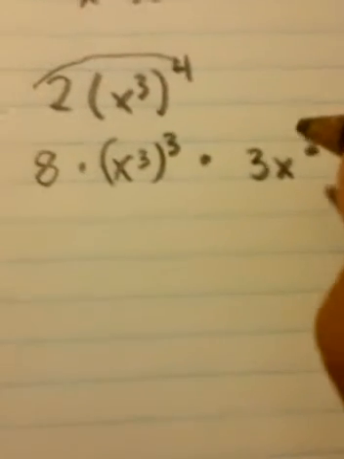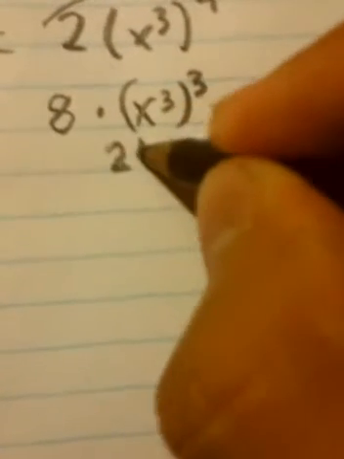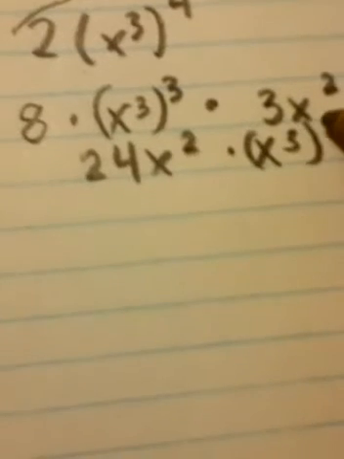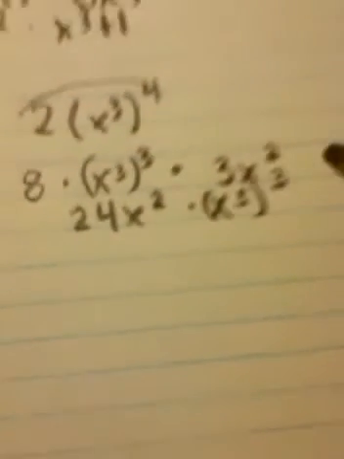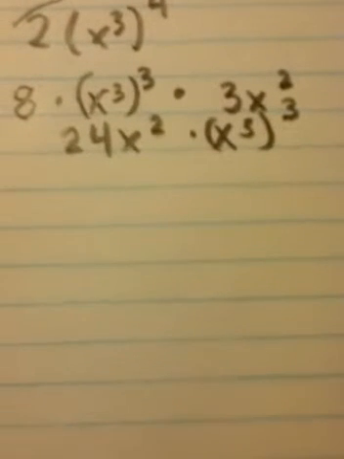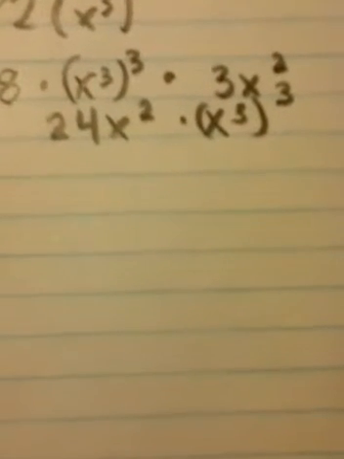Now we're just going to simplify, so we can multiply the 8 times 3x squared, which will give us 24x squared times x cubed cubed. And this is the final answer.